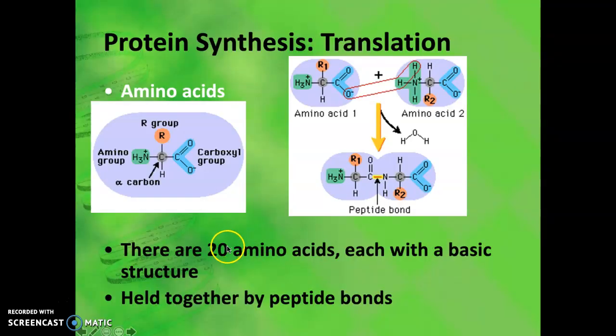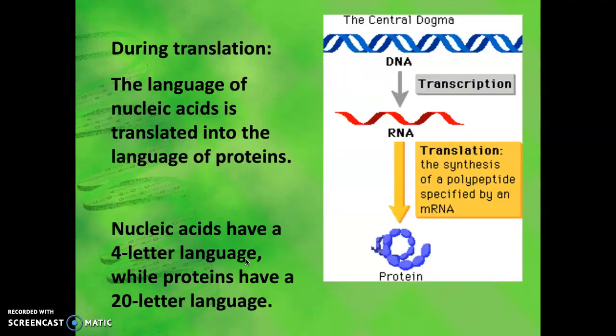All right. There's 20 amino acids. They're held together by peptide bonds. This is all review information. And like I said, you have to translate, go from one language to another. Nucleic acids have a 4-letter language, A, T, C, G, or AUCG, while proteins have a 20-letter language, meaning the 20 different amino acids.